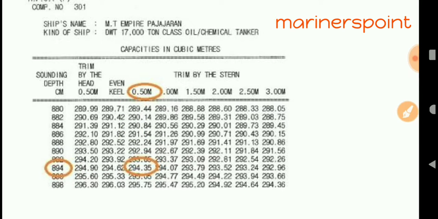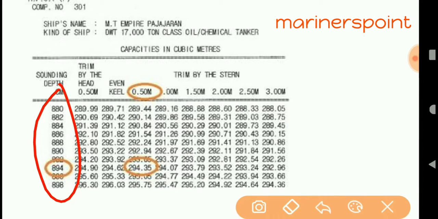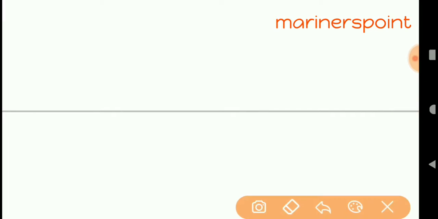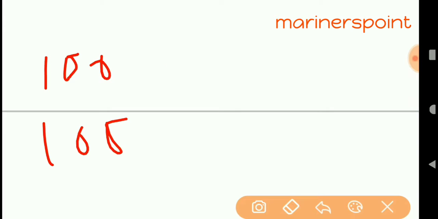And one more thing you should know: on some ships the sounding table is given in the form like this. This is centimeter in the gap of 5 centimeter. If you get sounding 883, then how can you calculate volume? Then you have to use the unitary method. I want to show here. 100 and 105 volume is given.